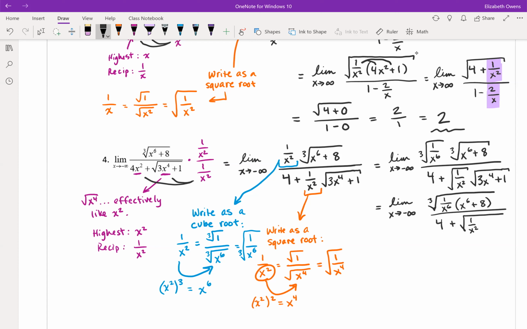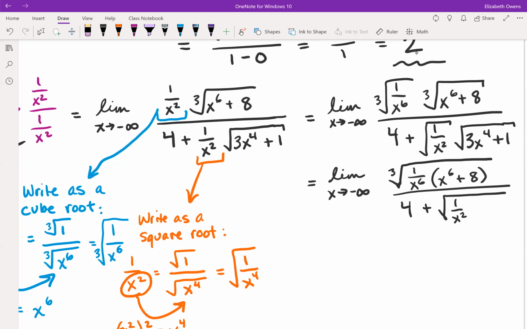Oh, hey, you guys might have noticed I made a little typo here. When I was rewriting our 1 over x squared in the denominator, I forgot to do 1 over x to the 4th underneath the radical. So let me go in and fix that. Okay, and whoops, got rid of a little more than I wanted to there. 1 over x to the 4th.